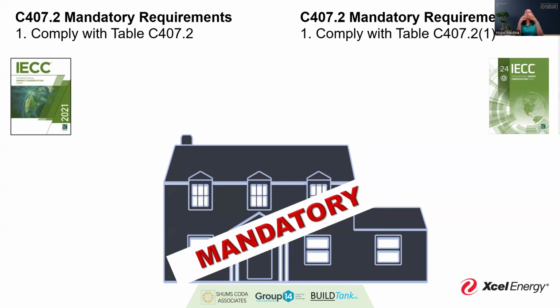But if you're only coming out of C407, how do you correlate that back to sections that we would find in like 402 or 403 or 404 or 405, right? And so how they did it is they created a table. In that table lists all the sections that had been considered mandatory in the past.